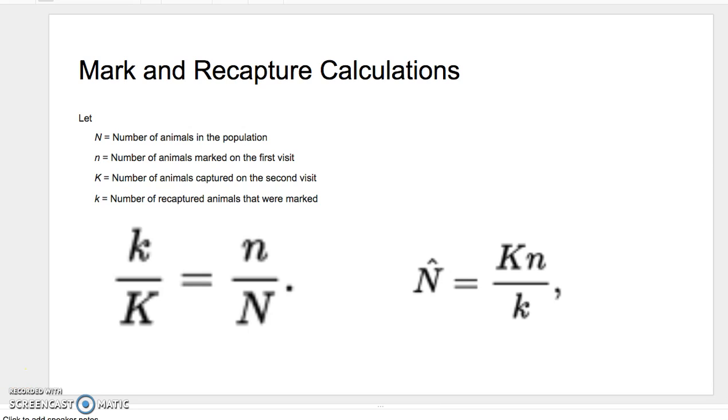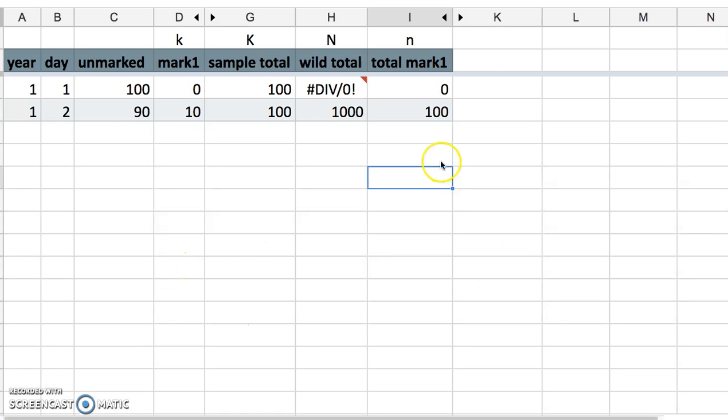So let's look at that in terms of our calculations on a spreadsheet. So this spreadsheet shows rows and columns for the various samples. On day one, we captured 100 minnows, of which, of course, none had been previously marked, and we released them to the wild.